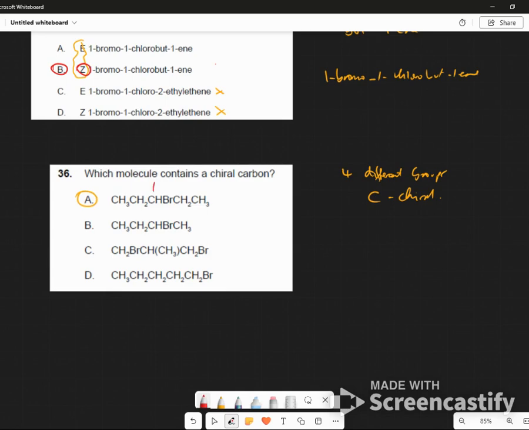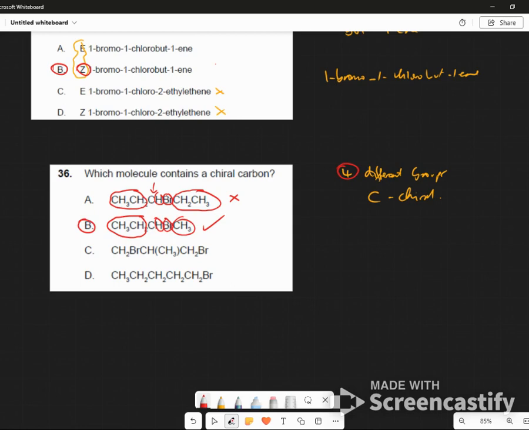This carbon has an ethyl, a hydrogen, a bromine. Oh, no, it's not A, because the 2 ethyls are the same. I'm wrong. So it's got to be 4 different groups. If we look at the second one, there's an ethyl, a hydrogen, a bromine, and a methyl. The answer must be B.